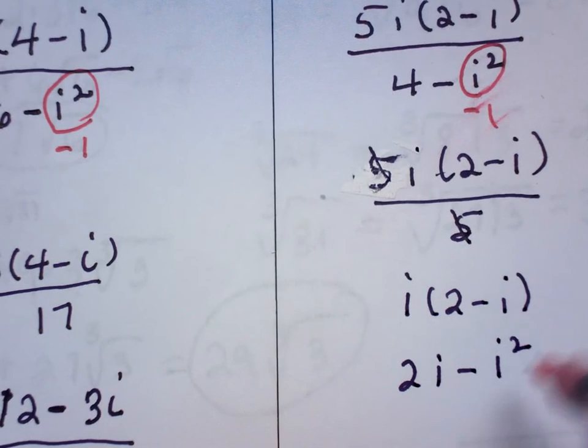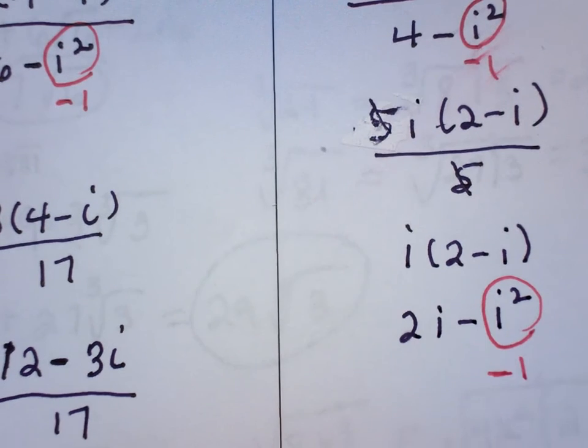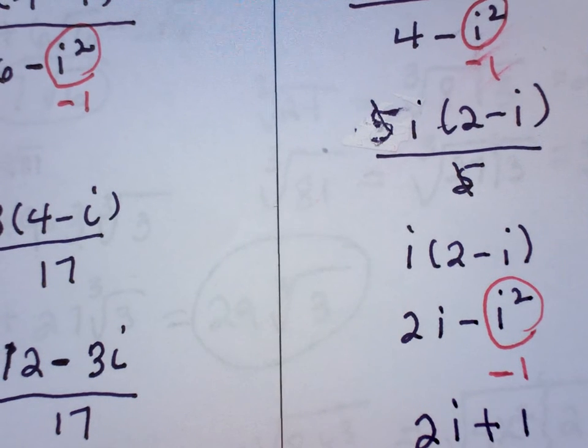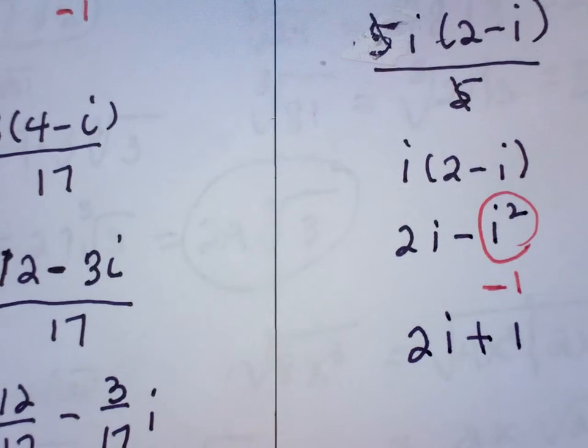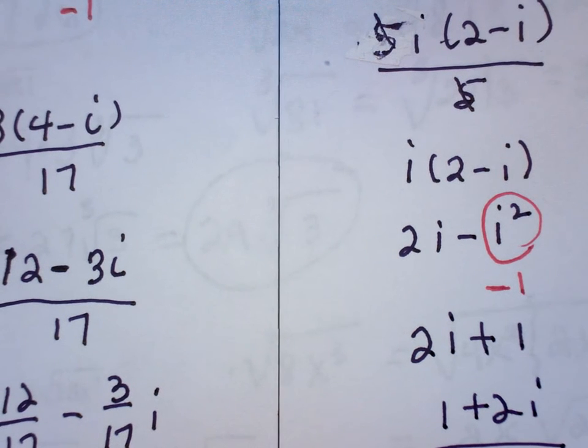And we know i squared is minus 1. So this is going to be 2i plus 1. And there's nothing wrong with that answer, but it's not in a plus bi form, because your book is going to make you write it that way. 1 plus 2i would be the proper form.